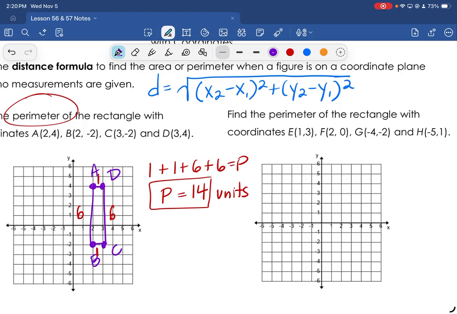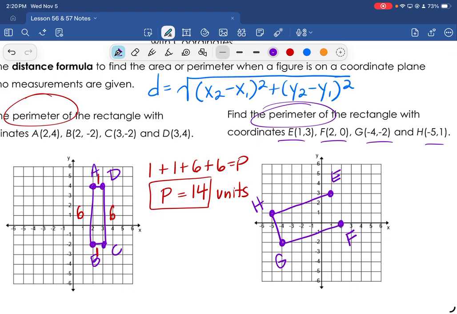So once again, they want us to find the perimeter. We got to start by labeling each of these. So I'm going to do that. 1, 3, that's E. 2, 0, F. -4, -2, G. -5, 1, that's H. Now, this one's not like the first one, is it?